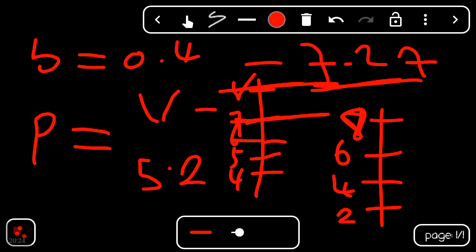Actually, 5.2 is between 4 and 6, less than 6 and greater than 4. The last number before you get to 5 point something is 4, not 6. So the last number there is 4.